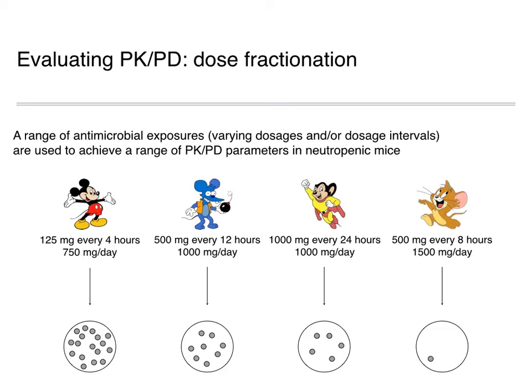So all 3 of those things would change, and so I can't figure out what was the parameter that led to that outcome. And so what you do with dose fractionation is you give lots of different doses at lots of different intervals, and that allows you to kind of tease out which one of those 3 PK/PD parameters was what mattered, essentially. Because you're getting lots of different AUCs, lots of different Cmaxes, lots of different times above the MIC as well.